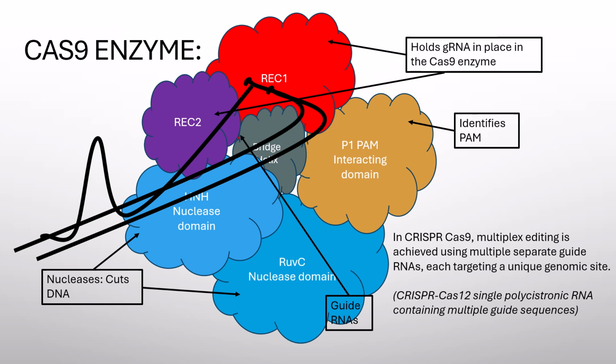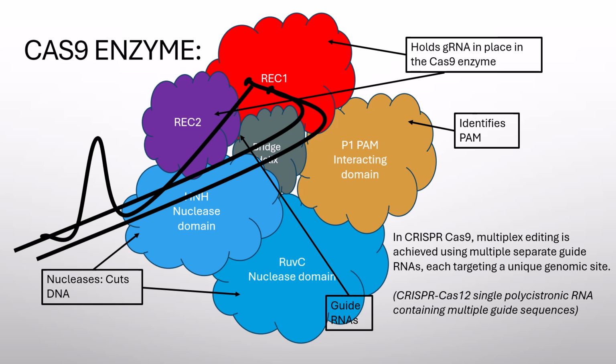So that's the one that matches the guide RNA. And then this other domain, the RuvC domain, cuts the non-targeted strand, and it usually cuts it a few bases away, and this creates your double-stranded break with blunt or staggered ends.